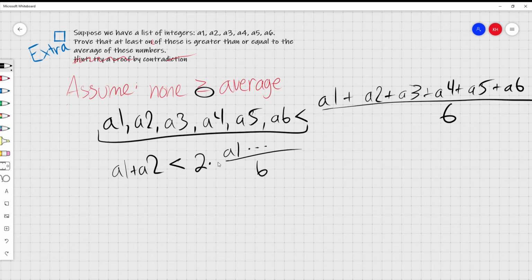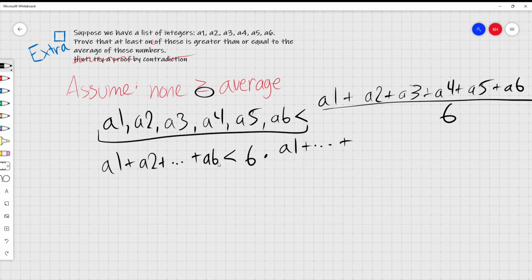Because we have two values which are guaranteed to be less than this. So we need to have A1 plus A2 is going to be less than 2 times this whole function. So if we instead do that for, say, all of them, A1 plus A2 plus dot dot dot plus A6 is going to be less than 6 times our sum here, all divided by 6.